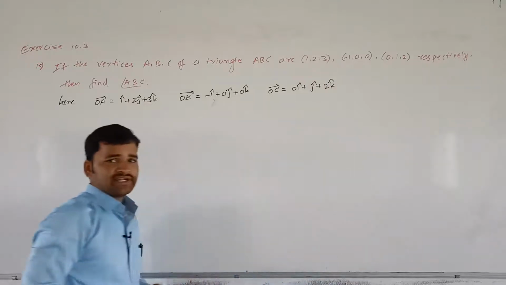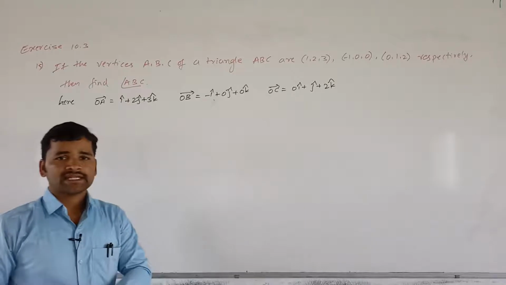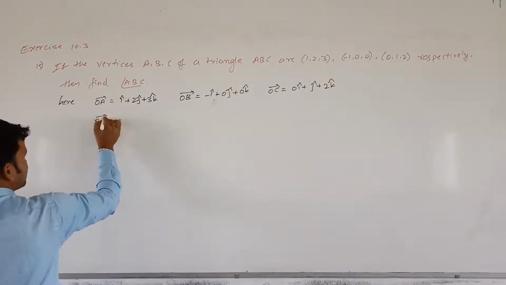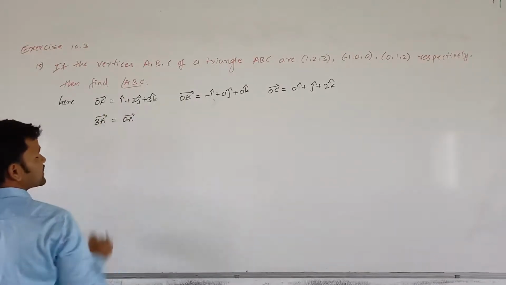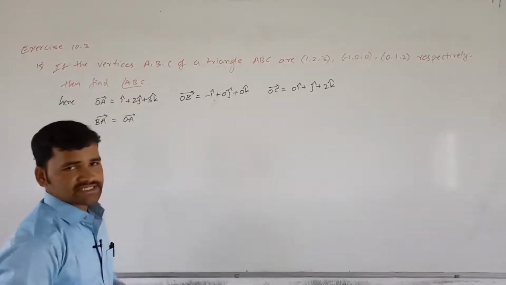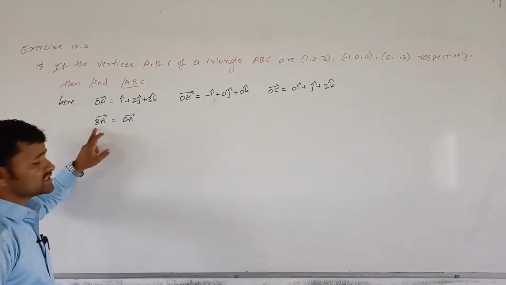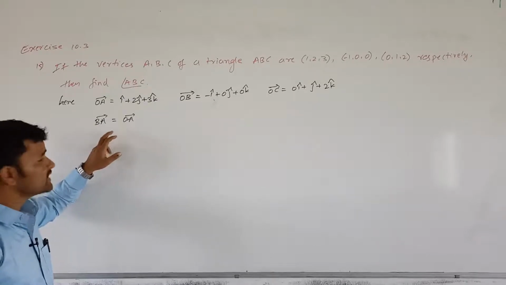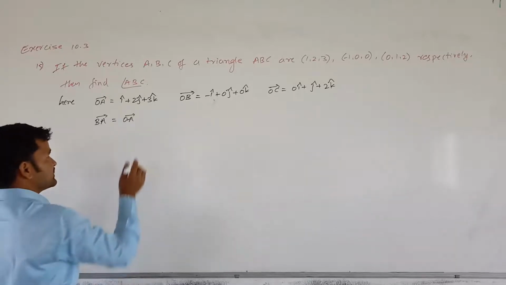This is vector OC. What are the two vectors I want here? I want BA and BC. Let me find out BA. BA is a vector joining 2 points where A is the second point, B is the first point. Vector joining 2 points is the position vector of the second point minus the position vector of the first point.